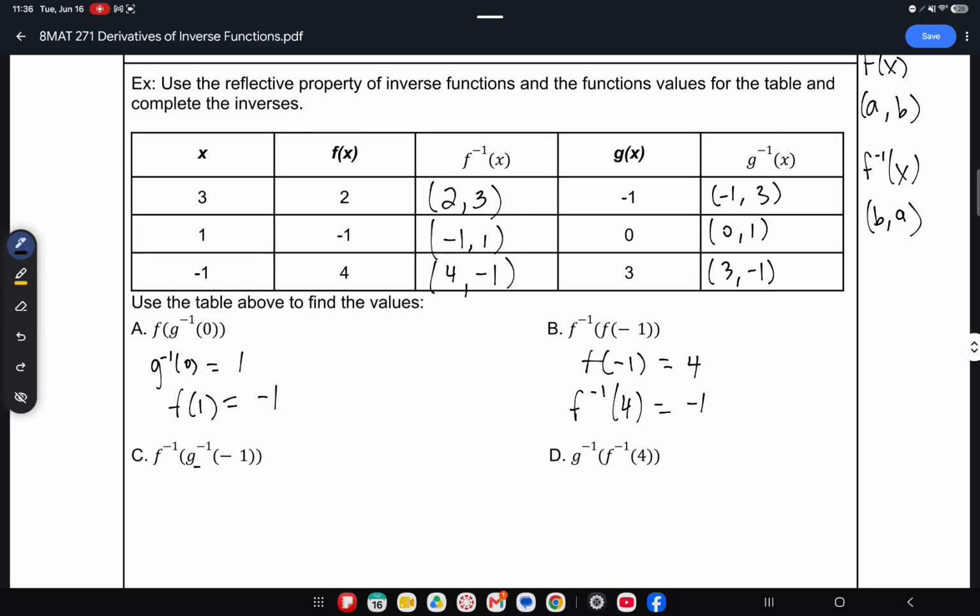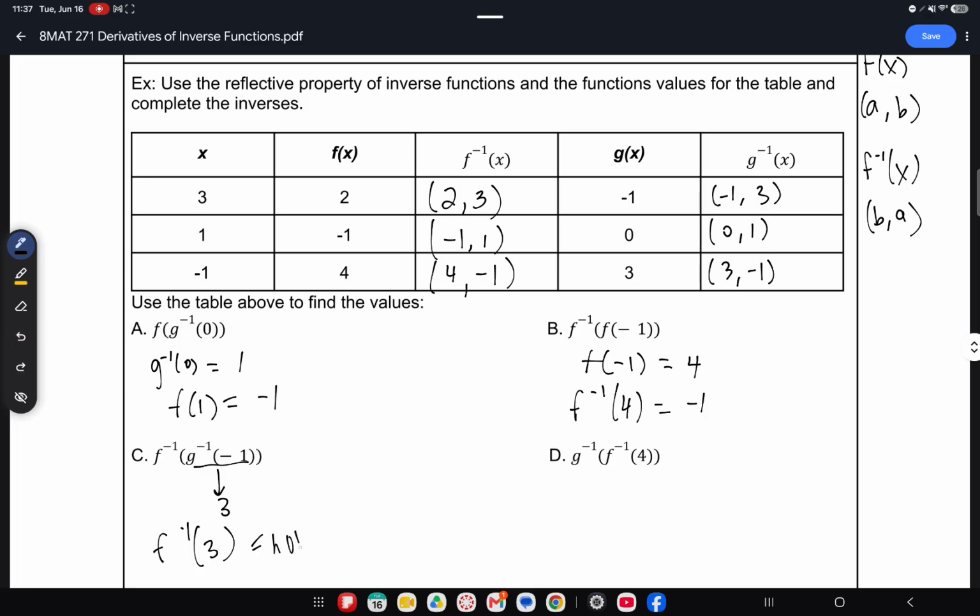And then we'll do it again. Do the inverse of g at -1. So the inside is going to give me 3. But now I need the inverse of f at 3. But I don't have that. I have it at 2, -1, and 4.